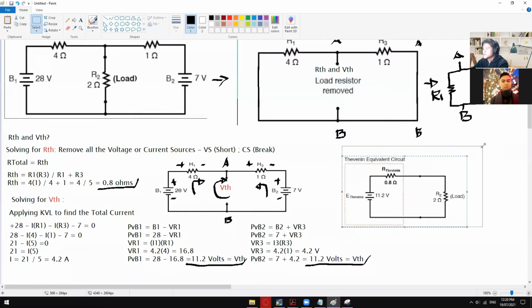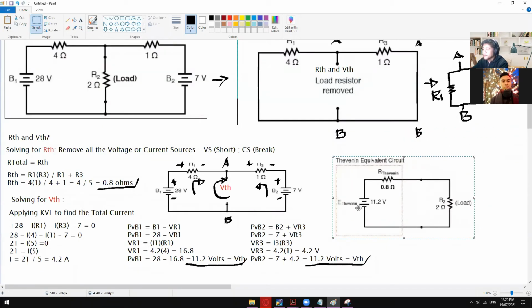So there you go. From here, we have the ETH, or the Thevenin's voltage, which is 11.2. And then we have the RTH, which is 0.8 ohms. And then whatever is the original value of your R2, just place it right here as your R load.